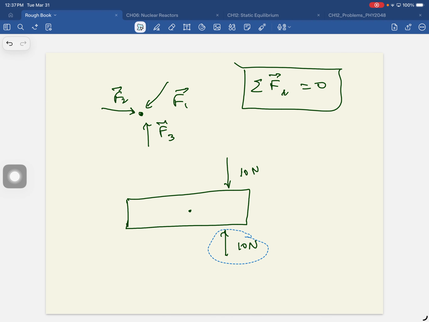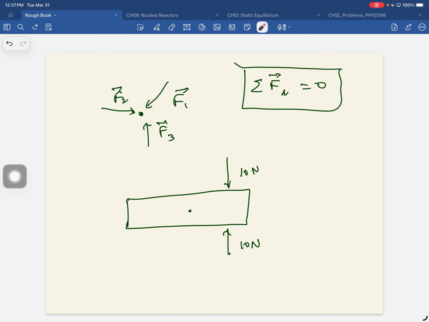Why didn't it spin before? What was the difference between the two? They have opposite torques. This force will make the object rotate clockwise about the center of mass, and this will make it rotate counterclockwise.